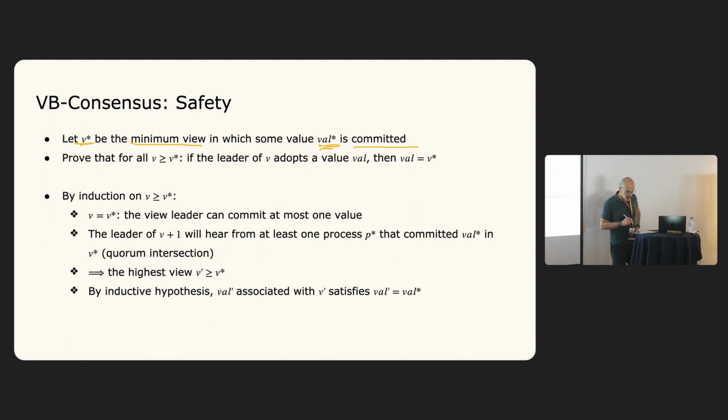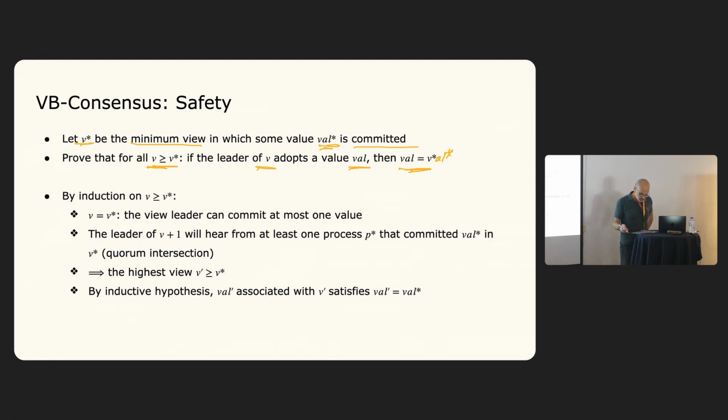Then we prove that for all views greater than v star, if the leader of that view adopts some value, then this value is the same as val star. It should be val star here. Okay, so that's how it works.